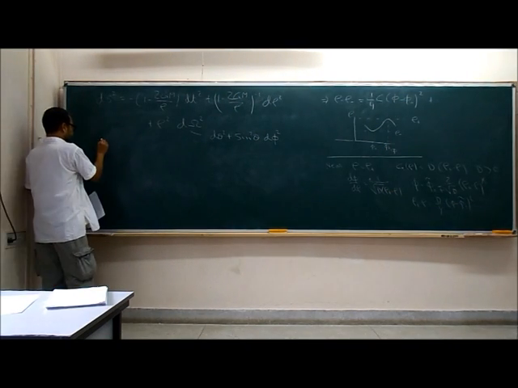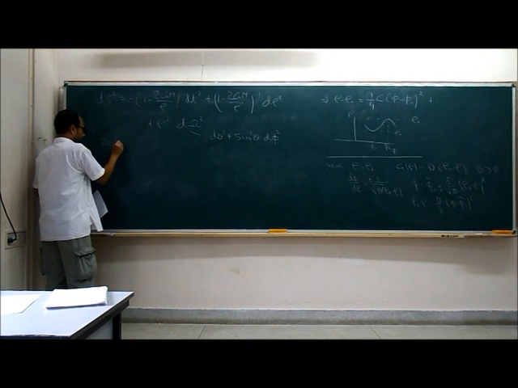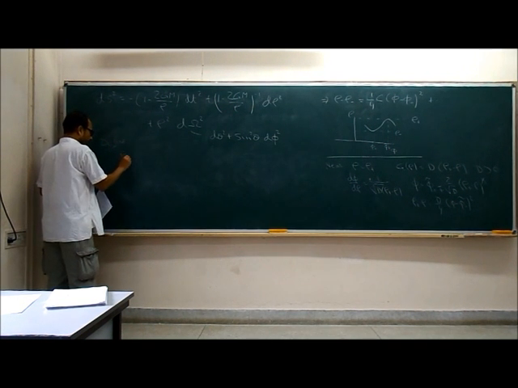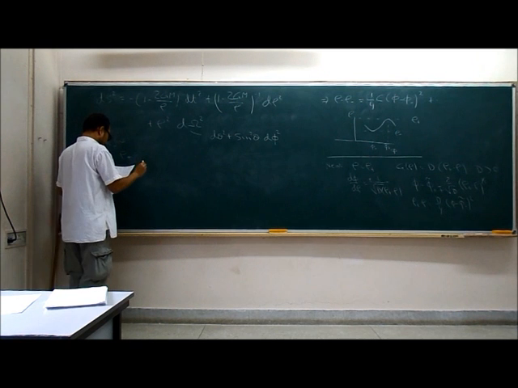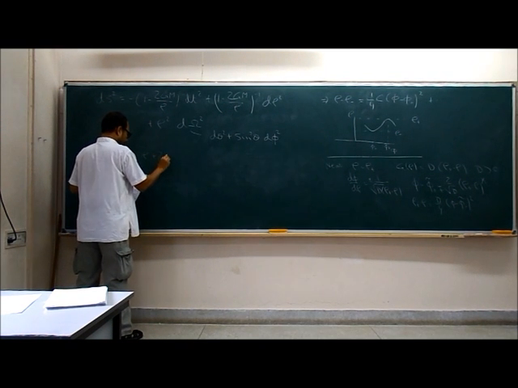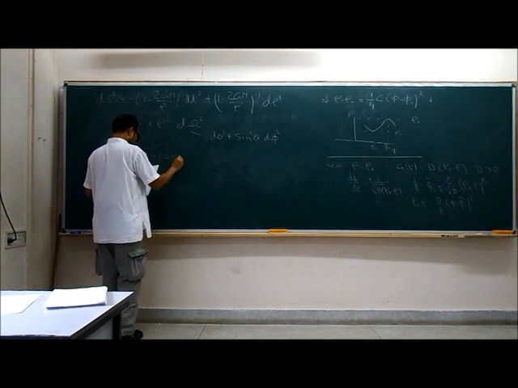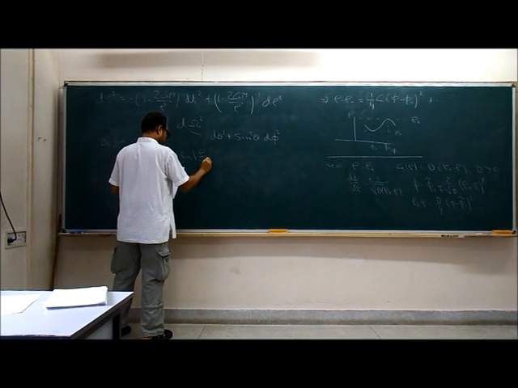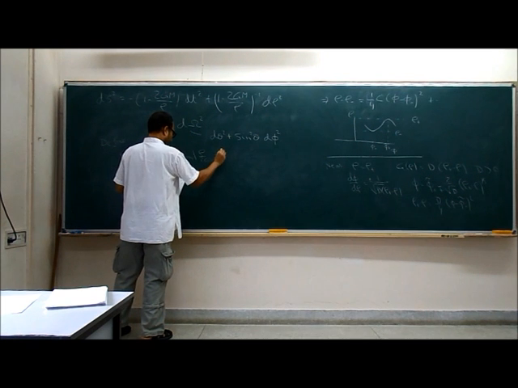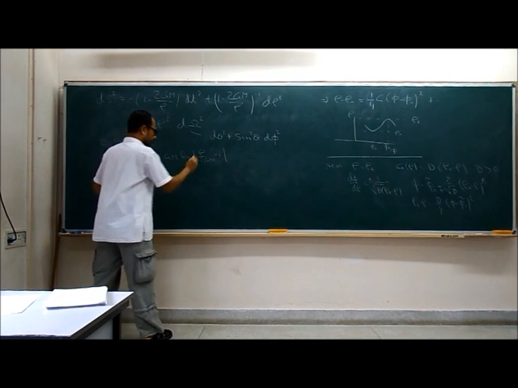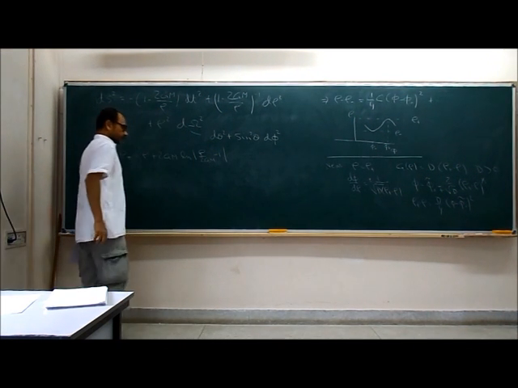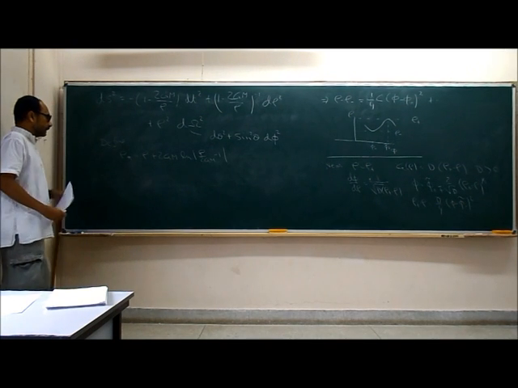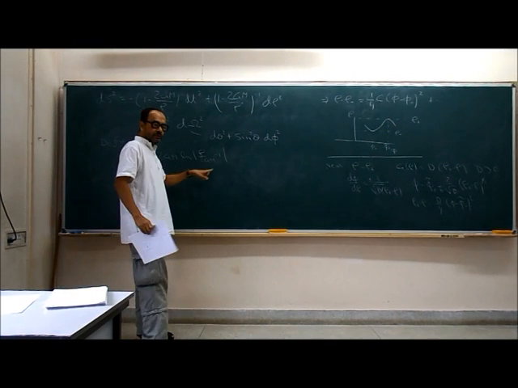Define first a new radial coordinate rho star, which is rho plus 2GM log of (rho over 2GM minus 1). This coordinate transformation of course is singular at rho equal to 2GM.